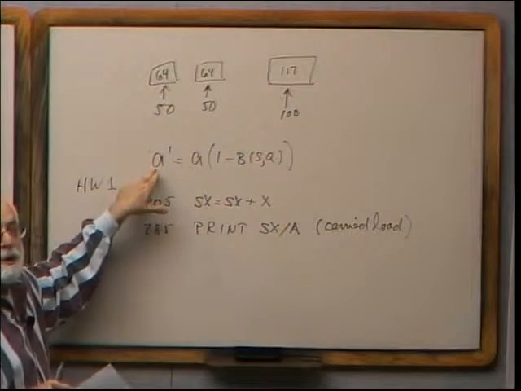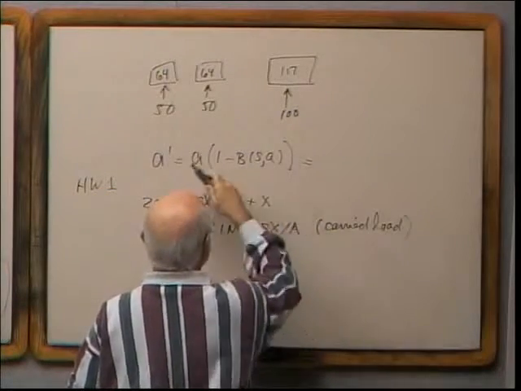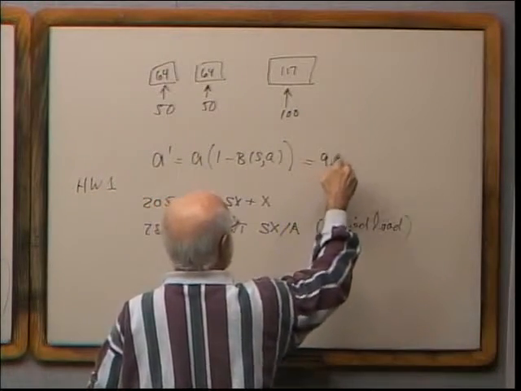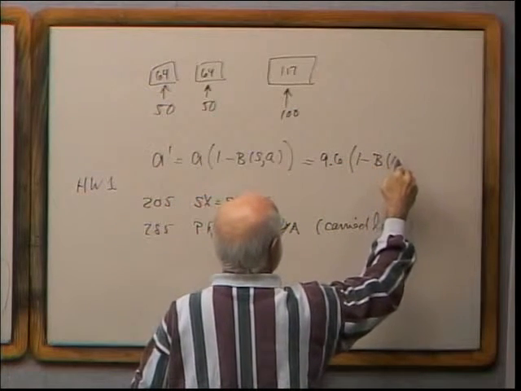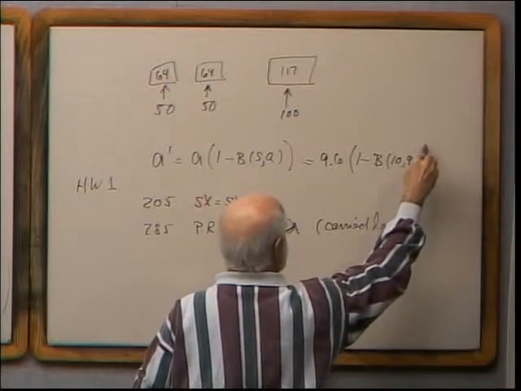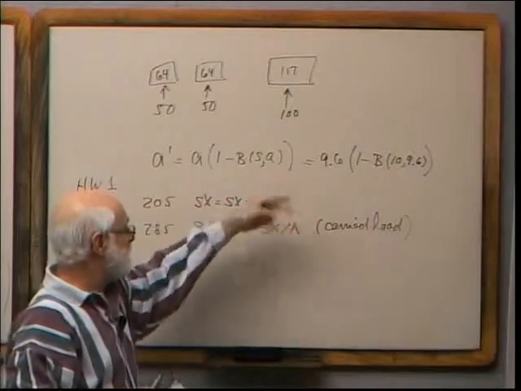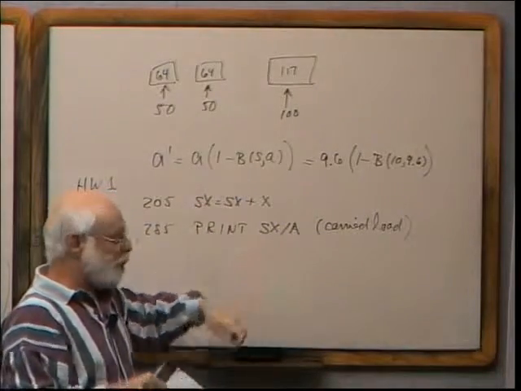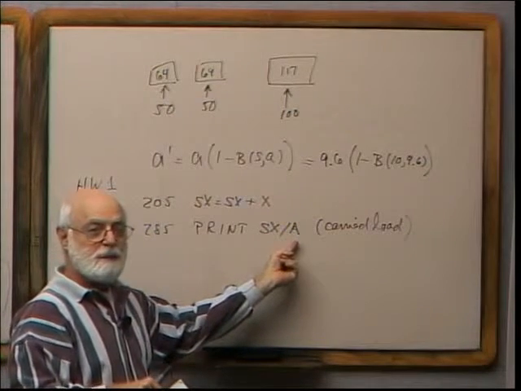In our particular case, for that problem, the A was 9.6 Erlangs, and the number of servers was 10. So you calculate this, you run the simulation, you print out the total amount of work done divided by the total time over which you did it, and that should be the same as the carried load.